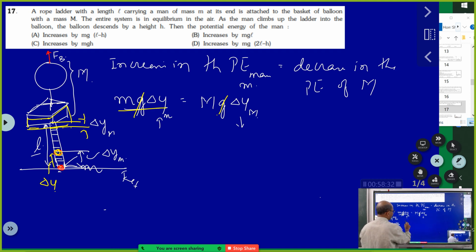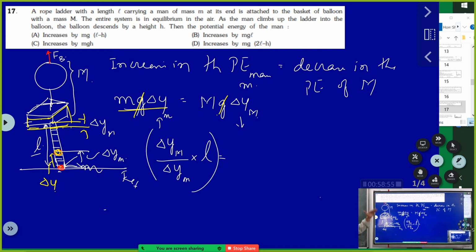So here you see delta ym, therefore for length L, this is the total height by which this will come down. As he is climbing up L distance up, the whole system is coming down by this much height. Did you get this?